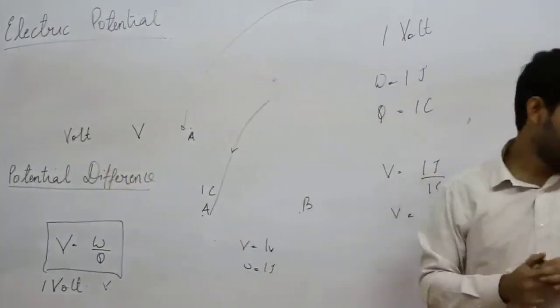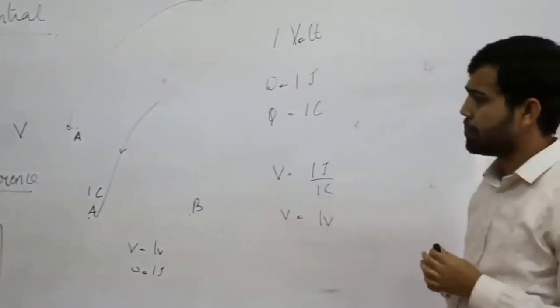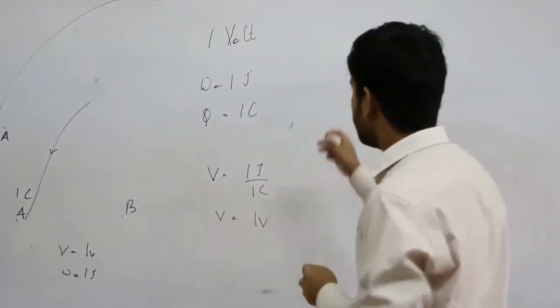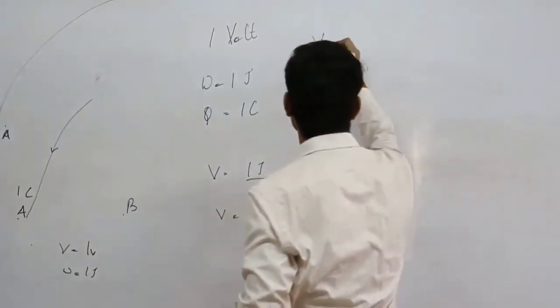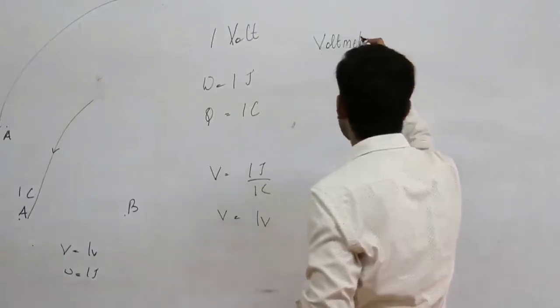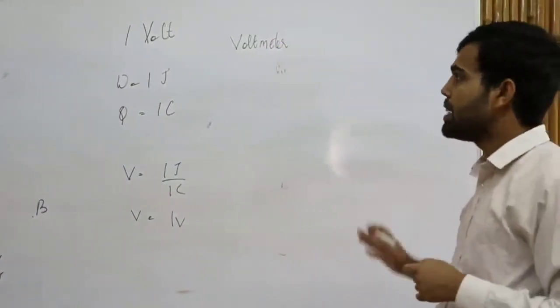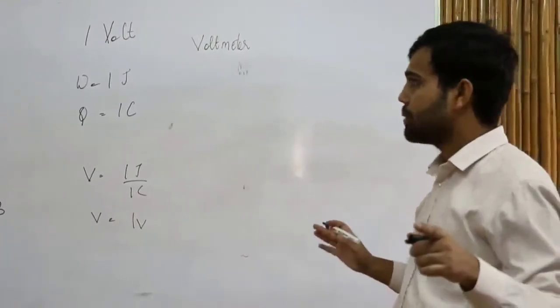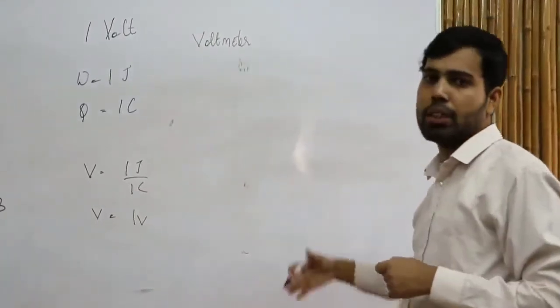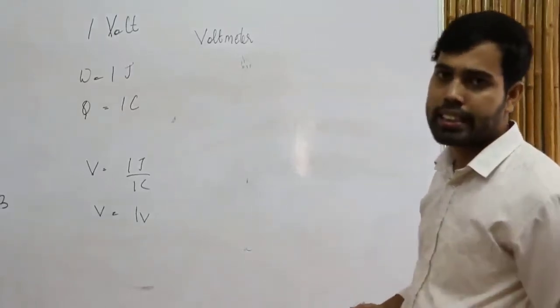The next point we should remember is the voltmeter. What is a voltmeter? A voltmeter is a device which is used to measure or detect electric potential. Just like we had the ammeter. What was the ammeter? It is a device which is used to detect or measure electric current.